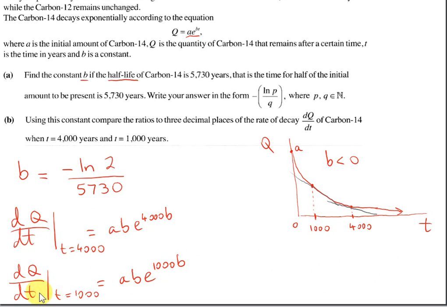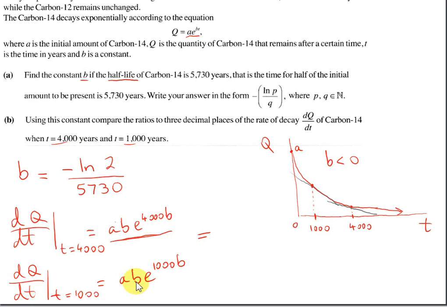I've just moved it over here, and now look at dq/dt when t equals 1000. So we just plug 1000 in for t, and this is what we get, and we want to get the ratio of these two rates. So the ratio when t is 4000 to the ratio when t is 1000.